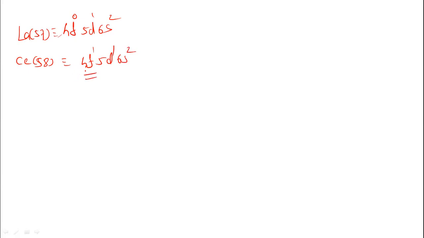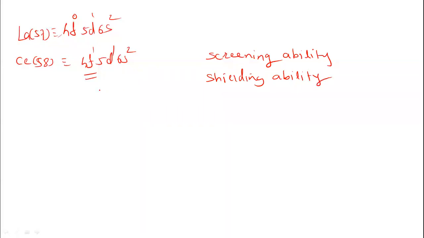And the 4f orbital is deeper inside, and the screening ability, or shielding ability, of the 4f orbital is very poor. It cannot shield the effective nuclear charge of the nucleus.